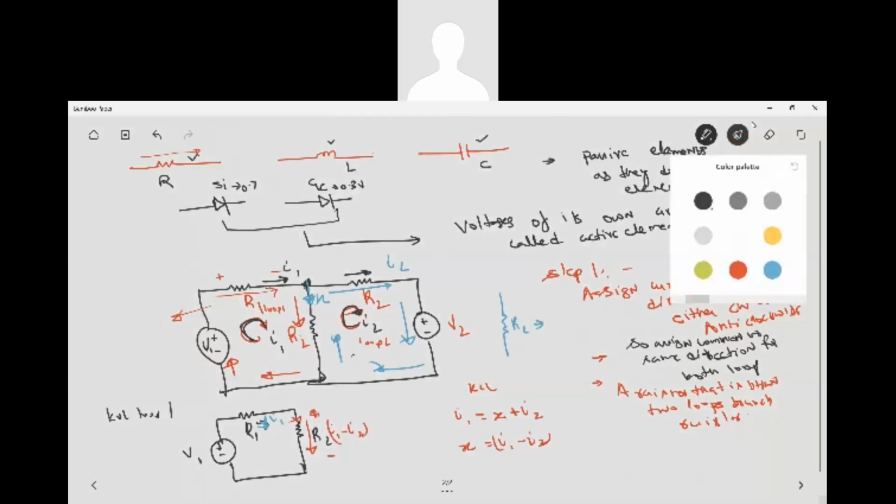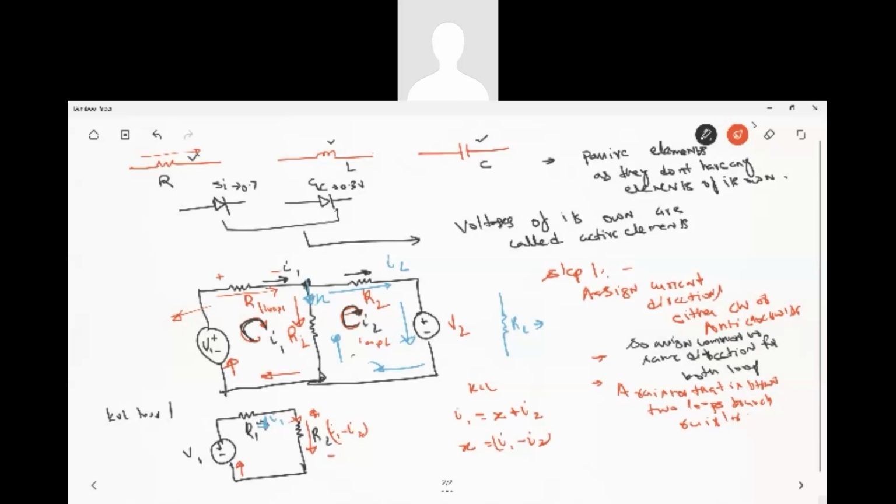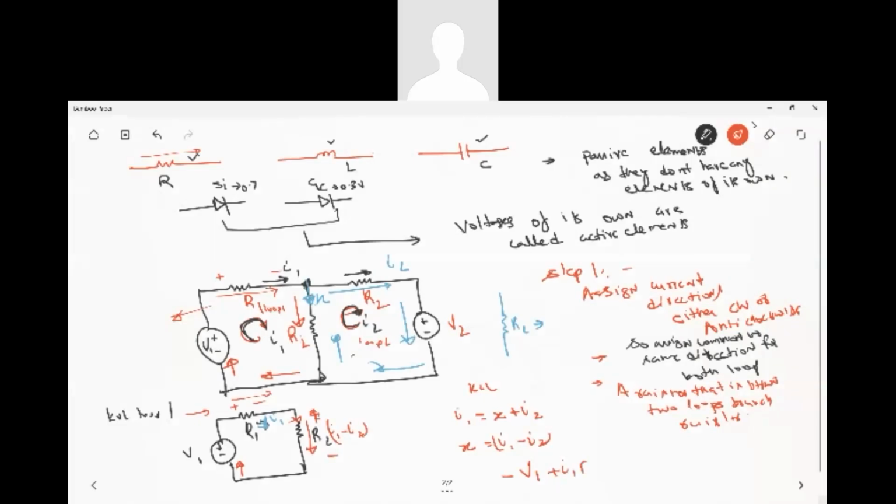Now you have to write the KVL as I told you. So current is going like this, so here it would be minus V1. Here, because of the current direction, this plus minus is established. And the tail is again in the direction, it's entering through the plus, so it would be plus I1 R1.